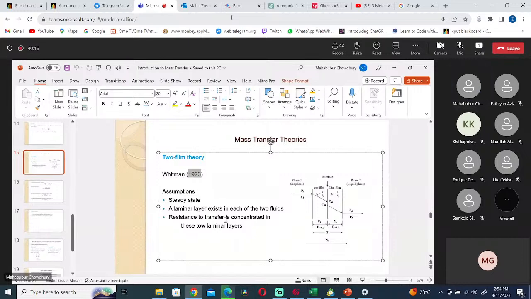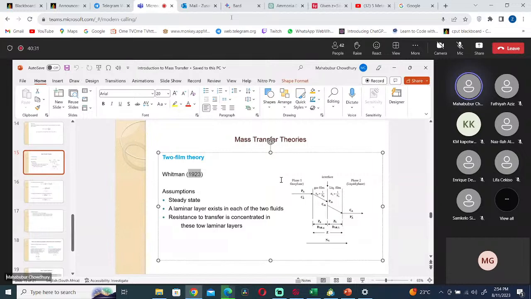So what does this theory say? If you look at this drawing, does it remind you of your heat transfer process? The resistances, the drops. Can you see the similarities?